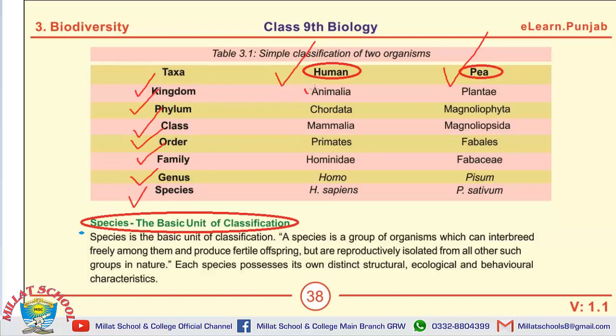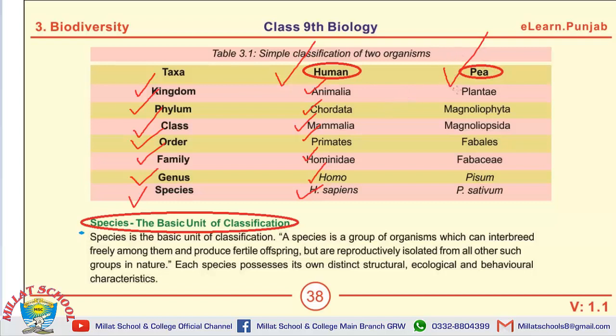Kingdom Animalia, phylum Chordata, class Mammalia, order Primates, family Hominidae, genus Homo, and species Homo sapiens.